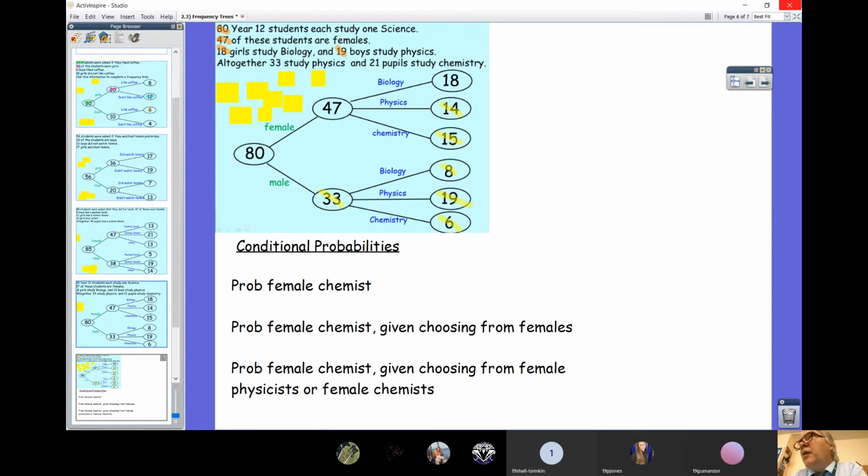So please, can you all copy out the subtitle conditional probabilities? I don't mind if you can squeeze it onto the sheets, that's great. If you'd rather write it in your orange book, that's fine. Just copy it down and we'll do these together.